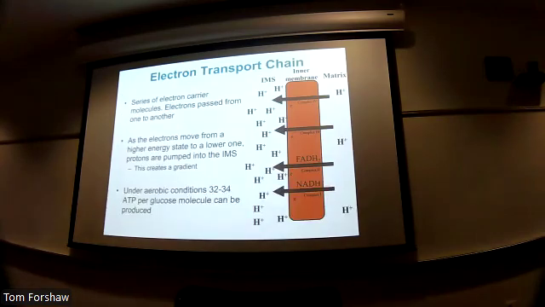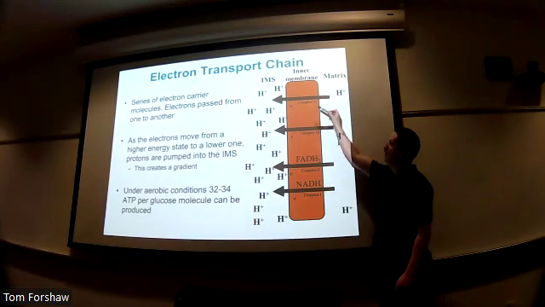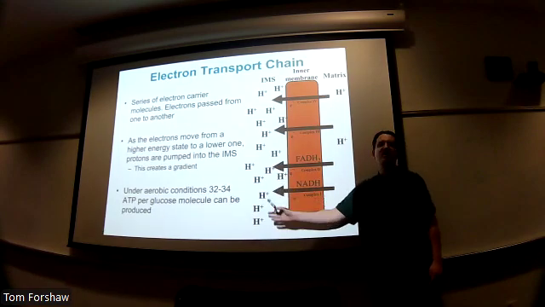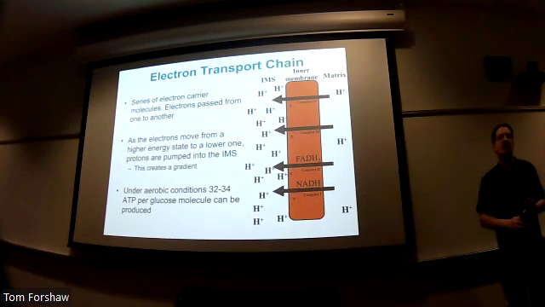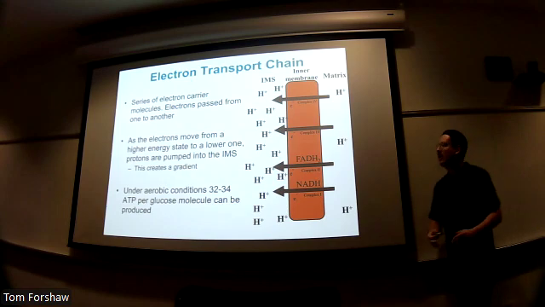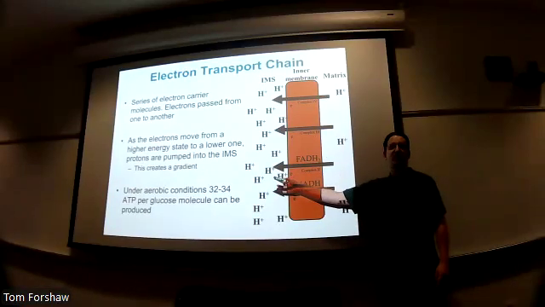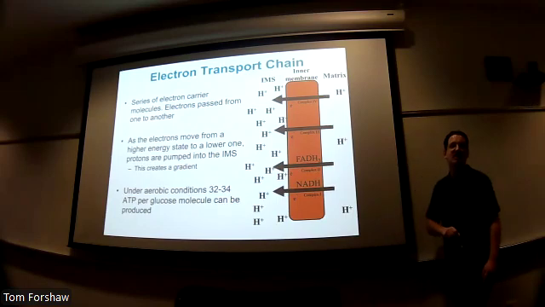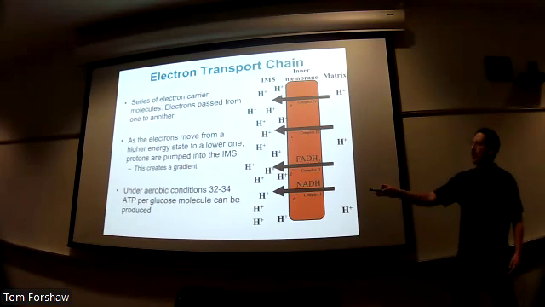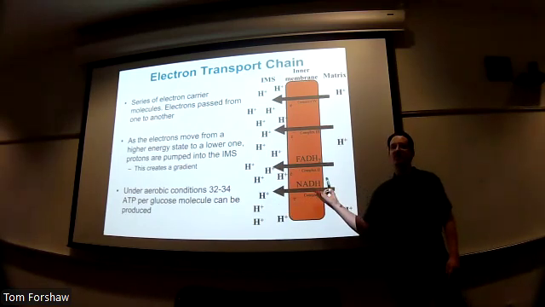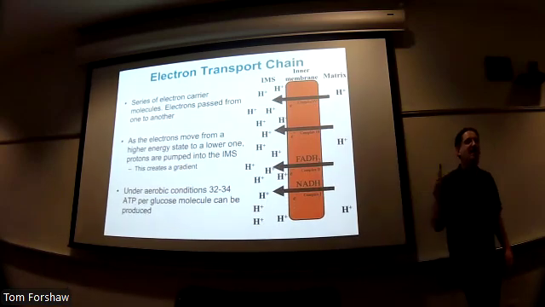And so what's happening is that complex 1, 2, 3, and 4 are pumping protons to create a chemical potential, to create a charge potential, right? Because there's a lot of positive charges here, and there's not very many positive charges here. So this is going to be positively charged, and this is going to be negatively charged. And those positive charges, they want to get down to those negative charges. And also, there's a large amount here, they want to get down here. So they want to travel back.